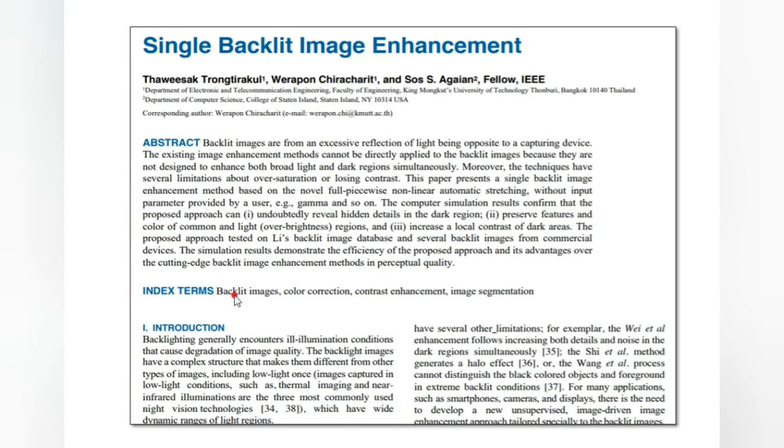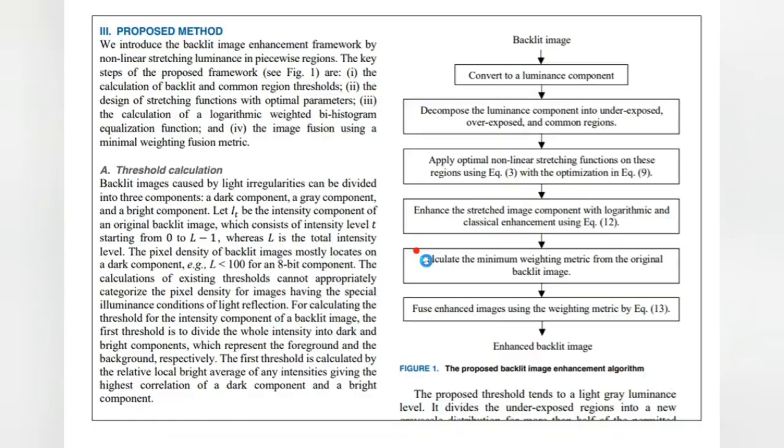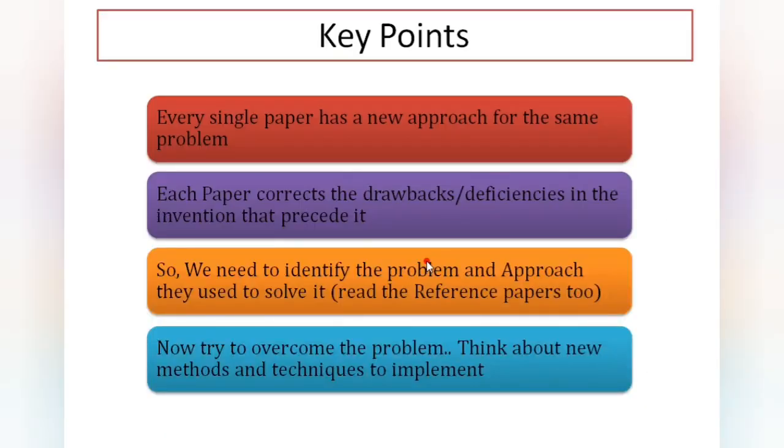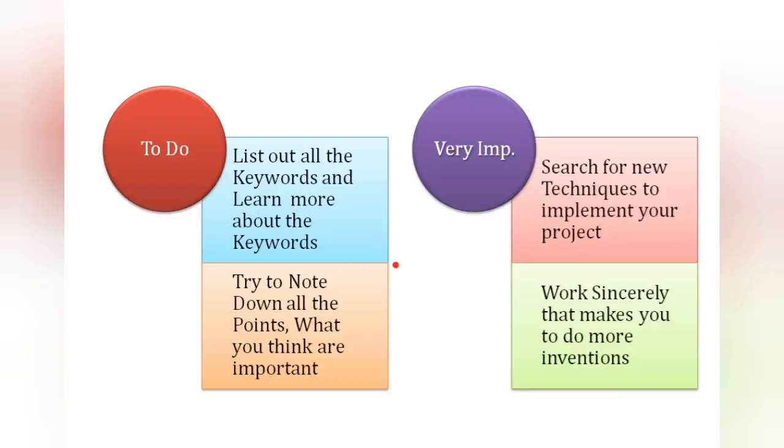Search about each and every keyword and learn more about them. Try to note down all the points you think are important. Write down all the points in your notebook. Search for new methodologies, new techniques, more often. So work sincerely, that makes you do more inventions.